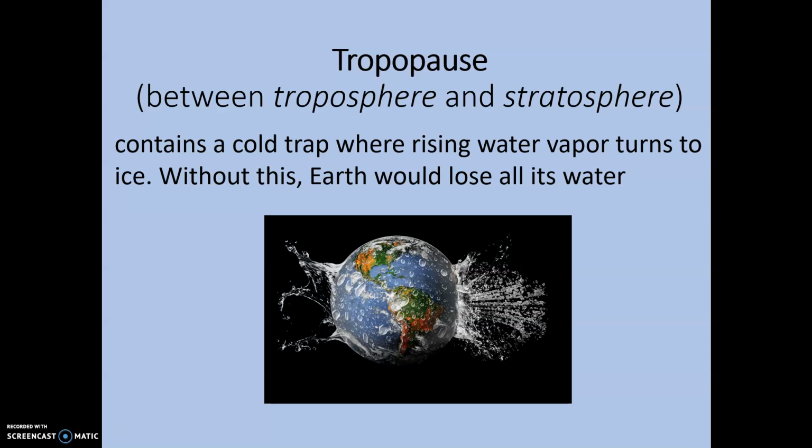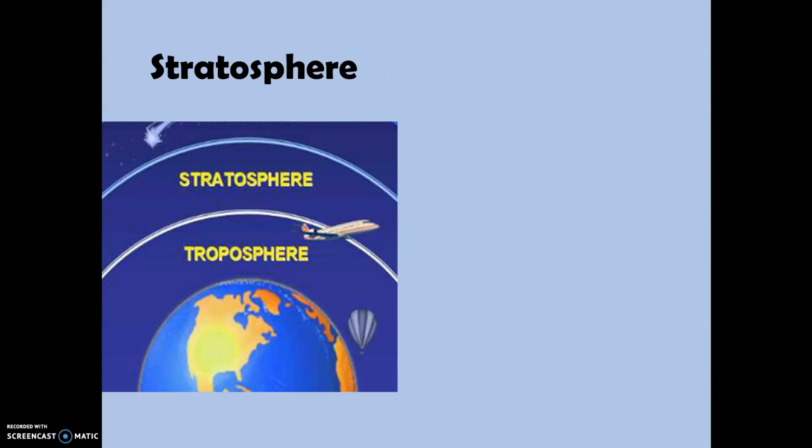That ice then usually collects with other ice and becomes heavier, and usually it falls or stays closer to the Earth without escaping. Without this layer of being really cold, it would move up into the next layer and just escape Earth. And so we can thank the tropopause for keeping water here on Earth.